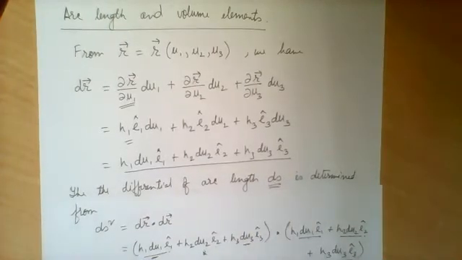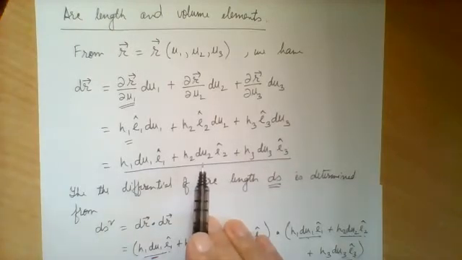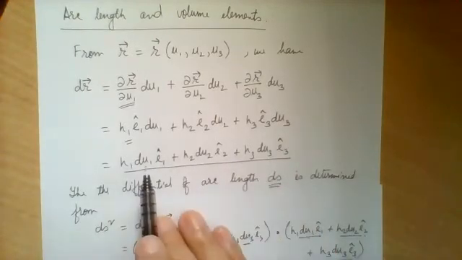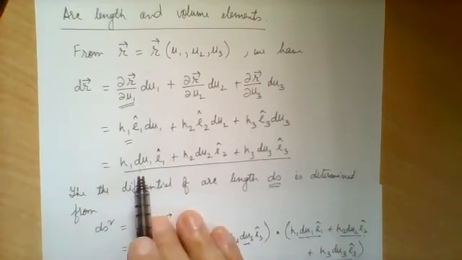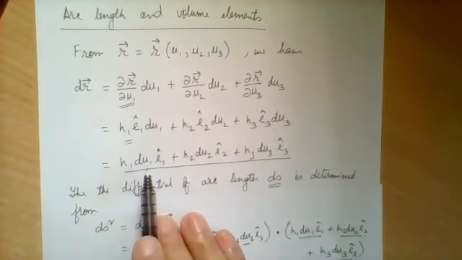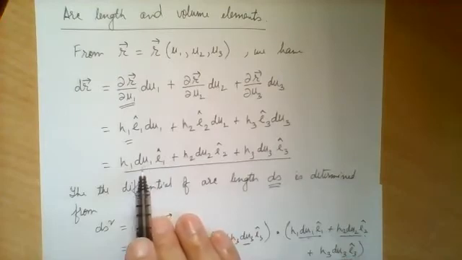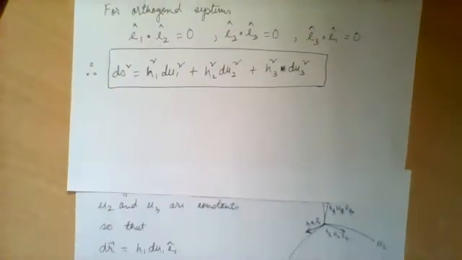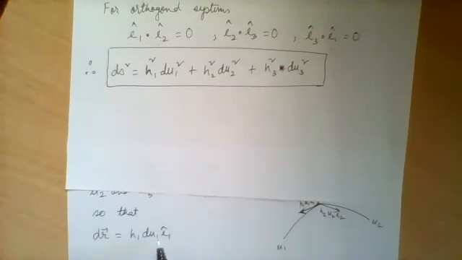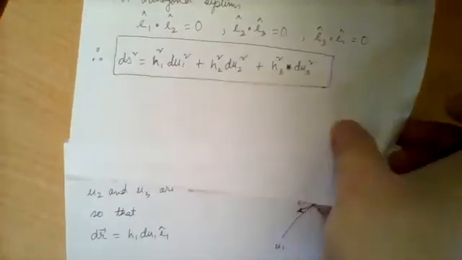If the particle is confined to move only along the U1 axis, then du2 is 0 and du3 is 0, but du1 is not 0, because the particle is moving along U1 so its U1 position is changing. Here we get dr equal to h1 du1 e1.